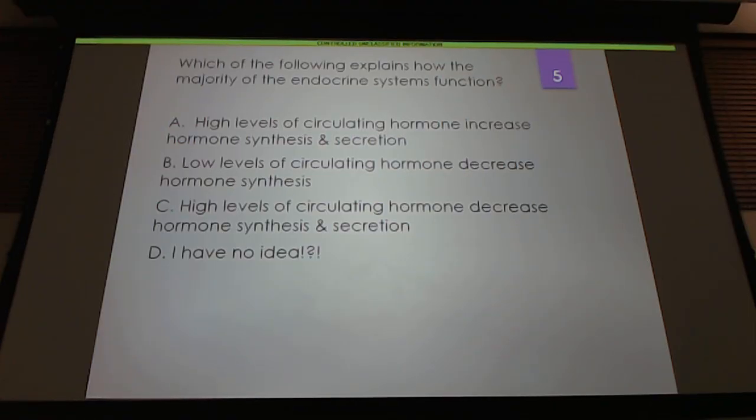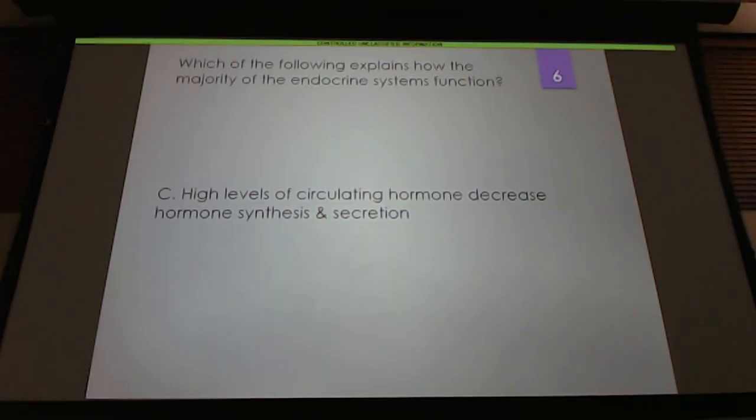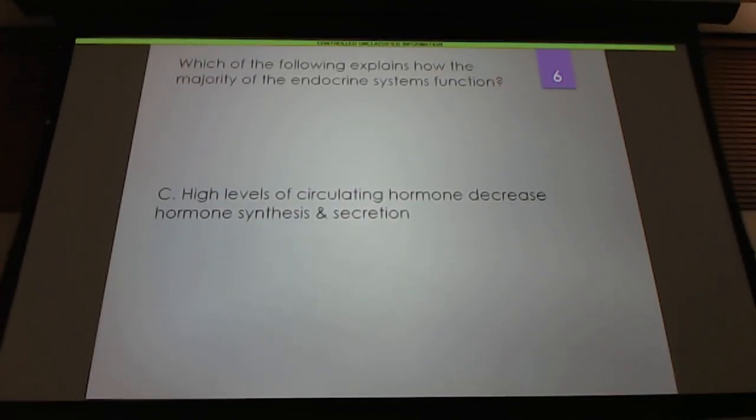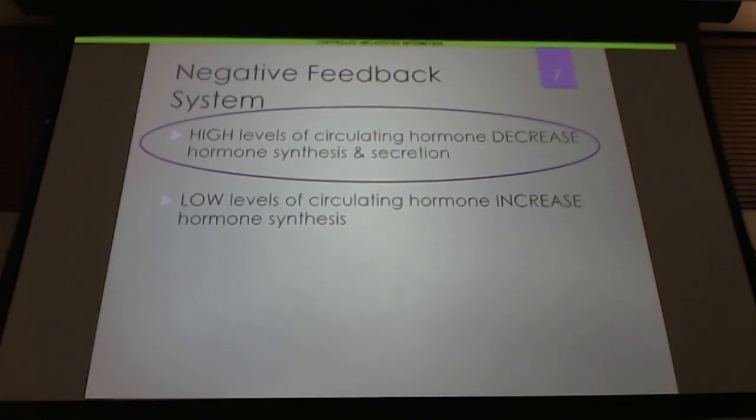The negative feedback loop. So if I have high levels of said hormone circulating, my endocrine system is going to react by decreasing synthesis and secretion. Good job. If you're on D, practice, use the charts. Teach your dog, teach me, and then I'll feel better. And you'll feel better about it.